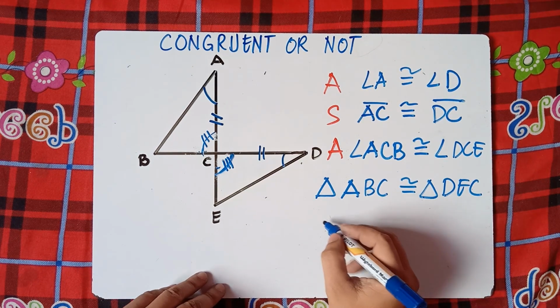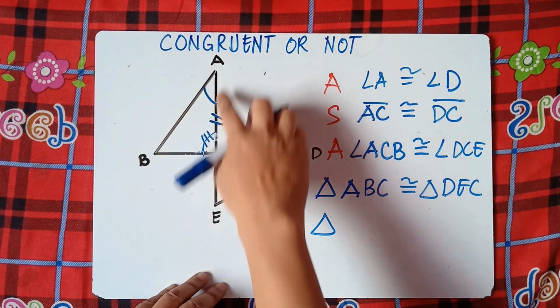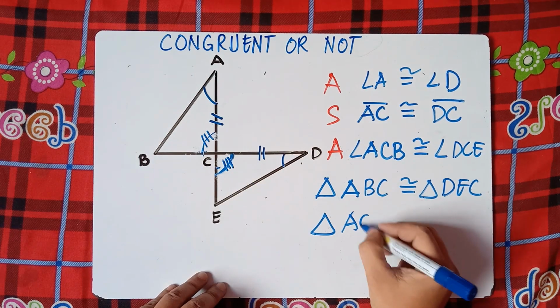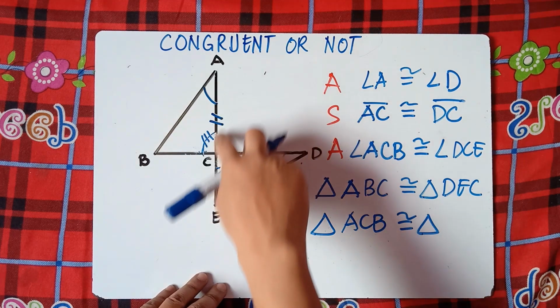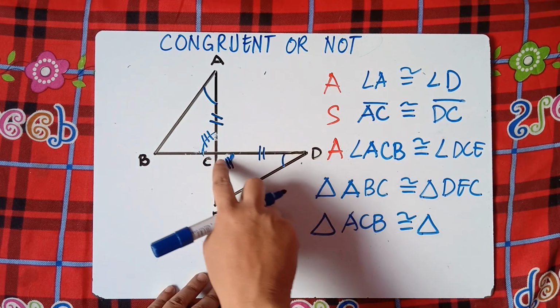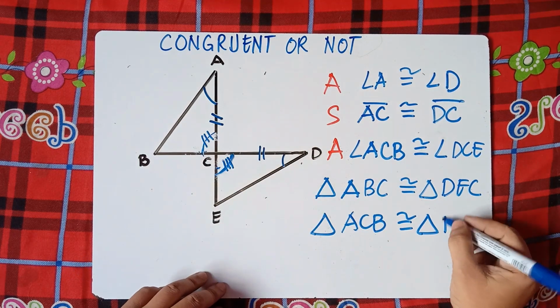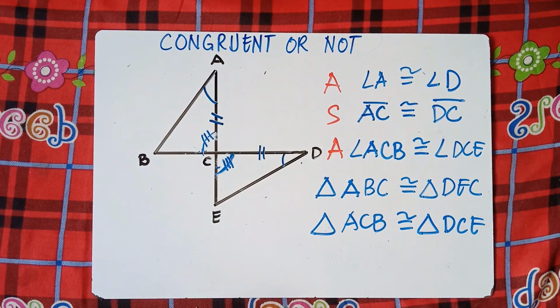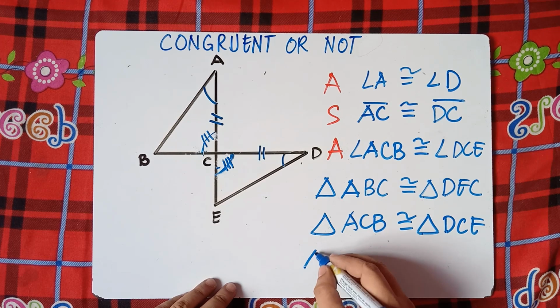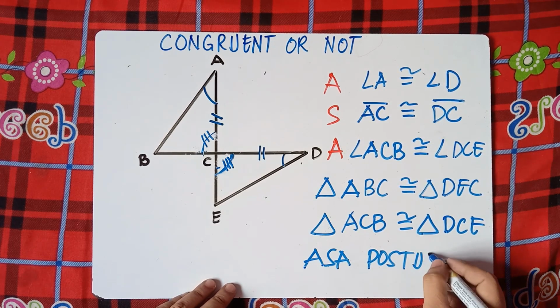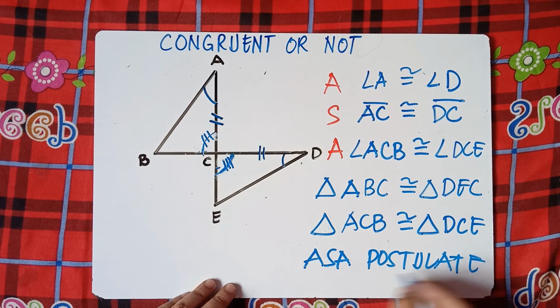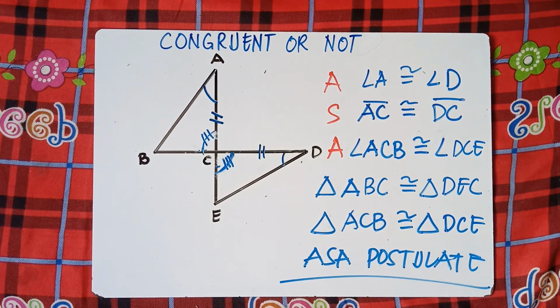Or you can also read it as triangle ACB is congruent to triangle DCE. It should be symmetrical, class. And that's according to the ASA postulate, angle side angle. And the two triangles are congruent.